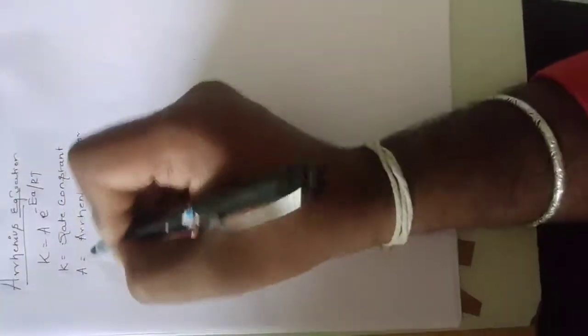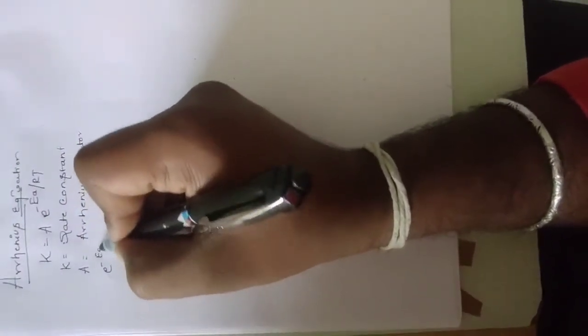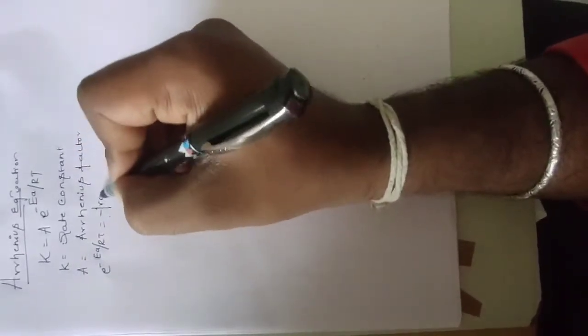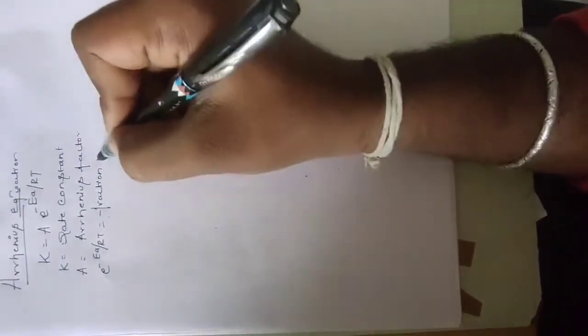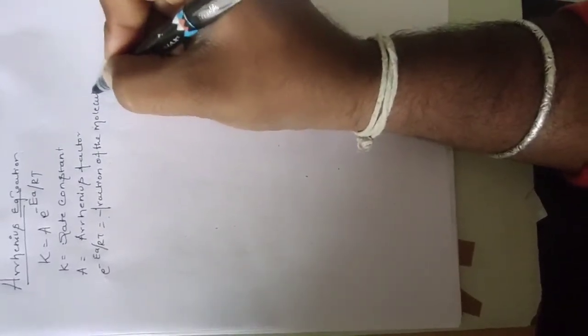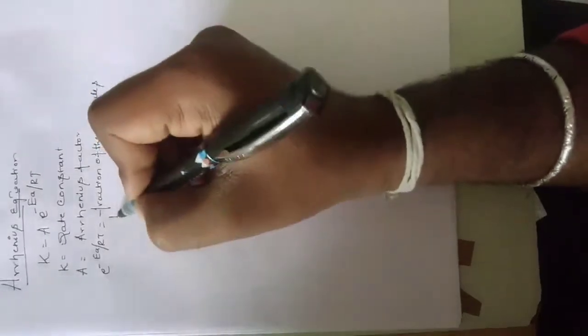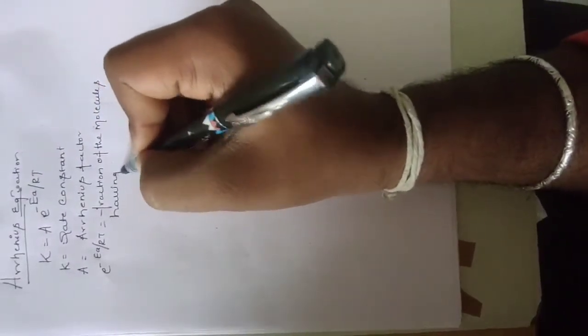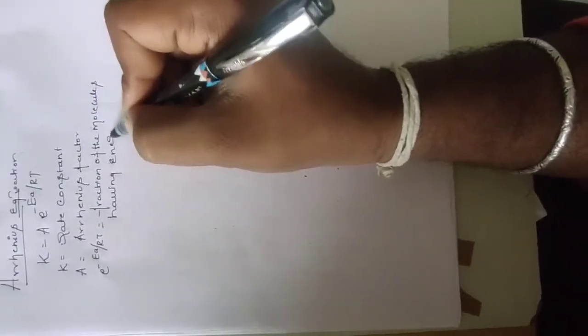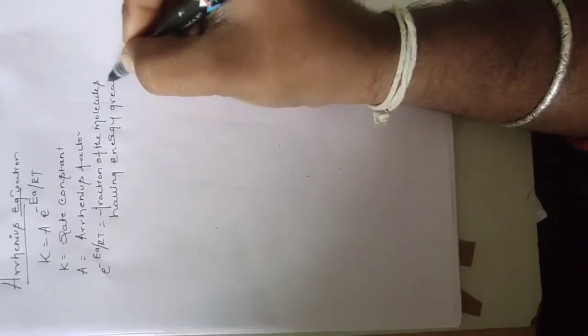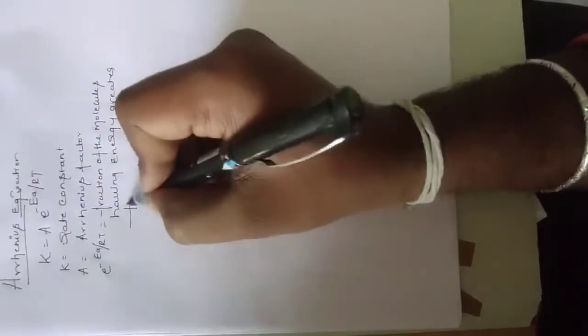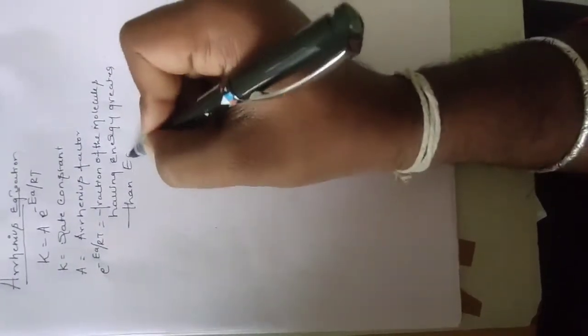Then e to the power of minus EA by RT is the fraction of molecules having energy greater than EA.